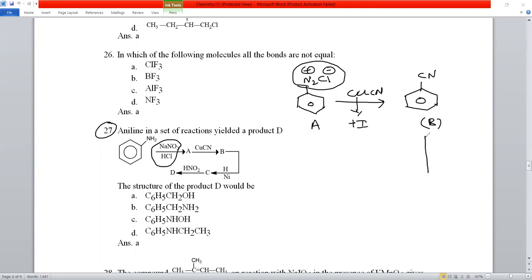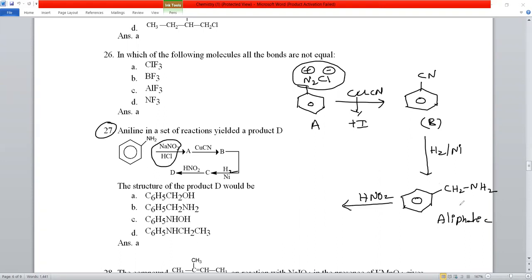Product B is treated with hydrogen in presence of nickel, catalytic hydrogenation. Cyanide on catalytic hydrogenation gives an amine, CH2NH2. So this is an aliphatic amine, right, student? Again, they are doing diazotization. Aliphatic amines on diazotization give an unstable diazonium chloride salt.